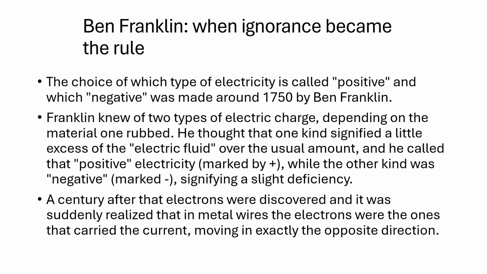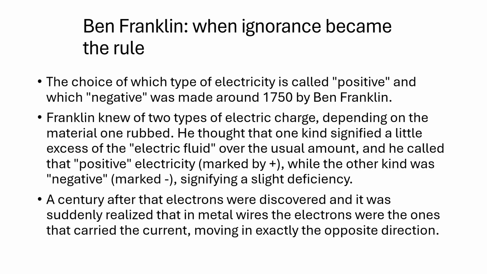He thought one kind signified a little excess of electric fluid over the usual amount. He called that positive. And the other kind was an absence or a deficiency of the electric fluid, and he called that negative. And unfortunately for him, what he termed negative was actually the charged object that had extra electrons on it.